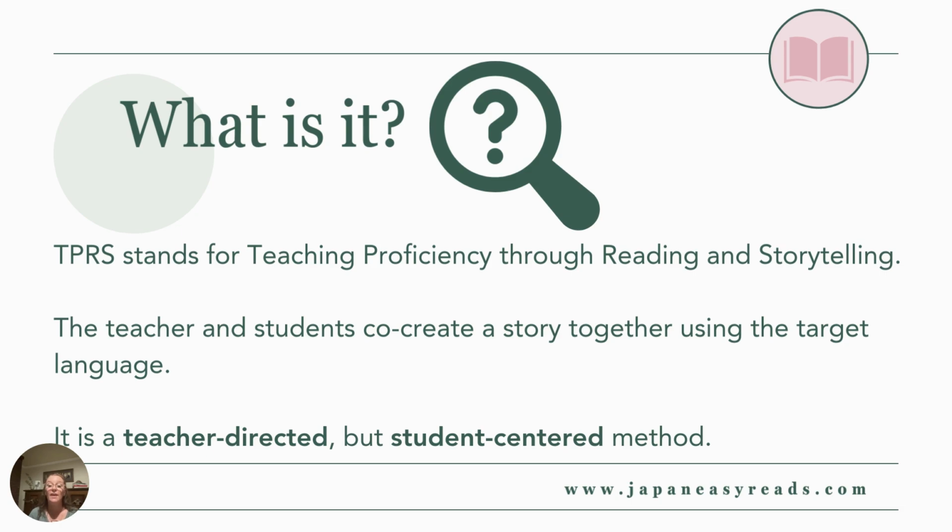The students and their interests are at the centre of the lesson, but the teacher ensures that the class is receiving the input that is comprehended by the students. The input must be comprehended for the students to acquire the language.